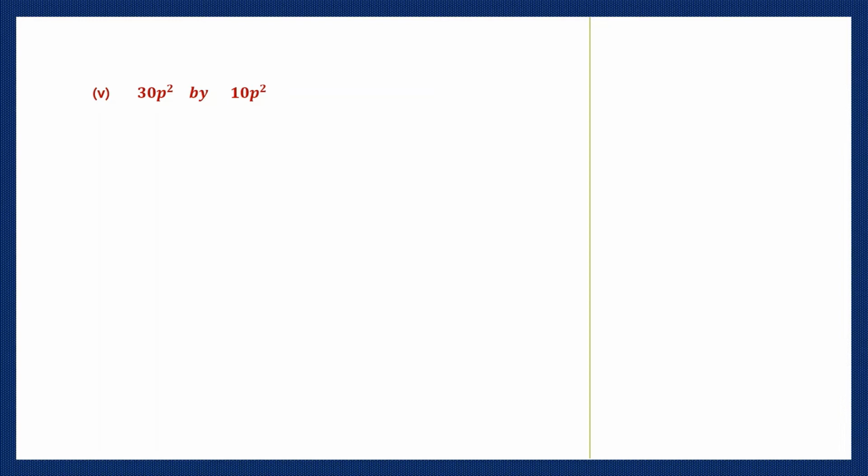Here we have 30p to the power of 2 by 10p to the power of 2 again. Question 5, 30p square by 10p square. So let's do that. 30p square divided by 10p square. So let's use the exponent law here. So this will be 30 into p, where I have p to the power of 2 and below also I have p to the power of 2.